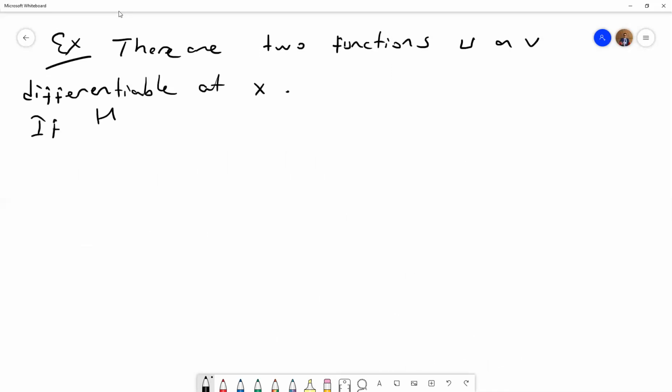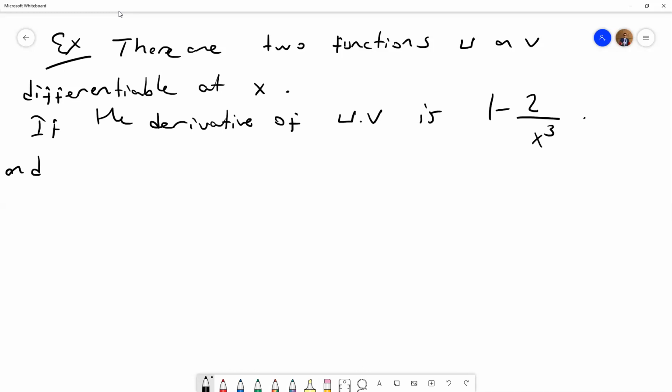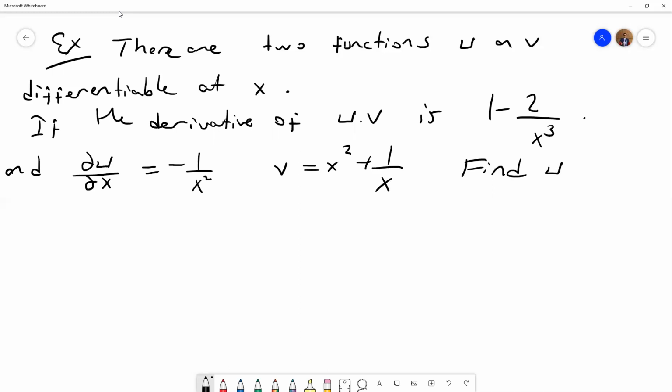If the derivative of u multiplied by v is 1 minus 2 over x cubed, and another piece of information, we have also du over dx is equal to minus 1 over x squared, and also v is known. v is x squared plus 1 over x. So the question is find u. Find u.